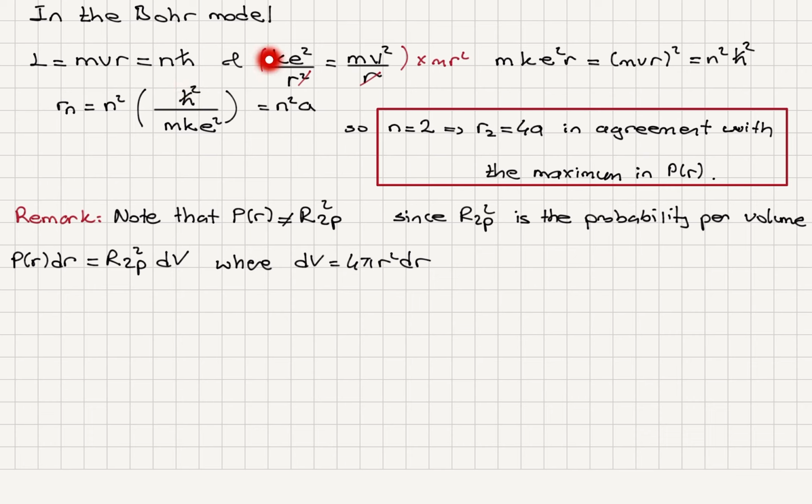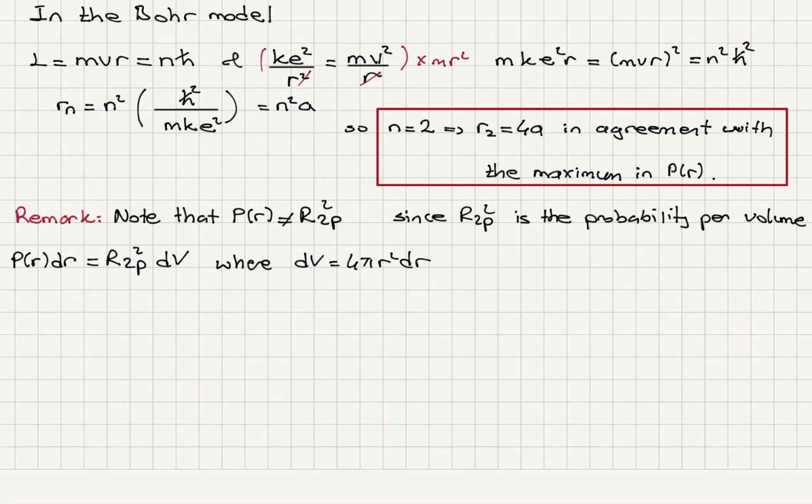The centripetal force, Coulomb's constant times electron charge squared divided by r squared, is m v squared over r. Multiplying both sides of this equation with m r squared, we obtain angular momentum squared equal to m k e squared multiplied by r. So the orbital radii are given by n squared times the Bohr radius.